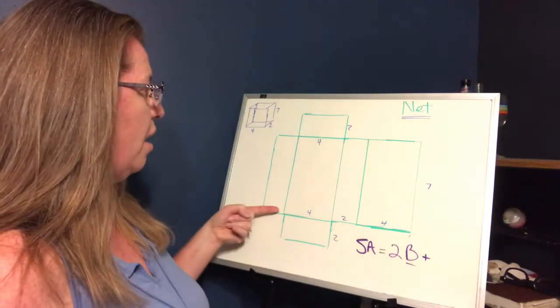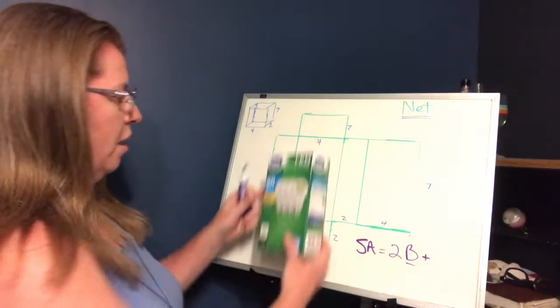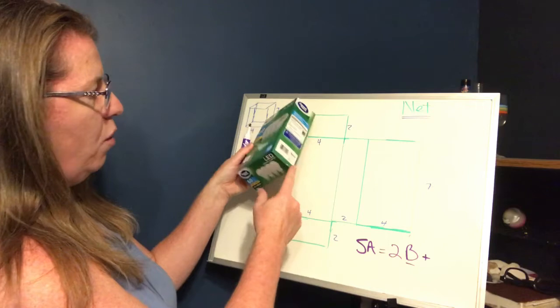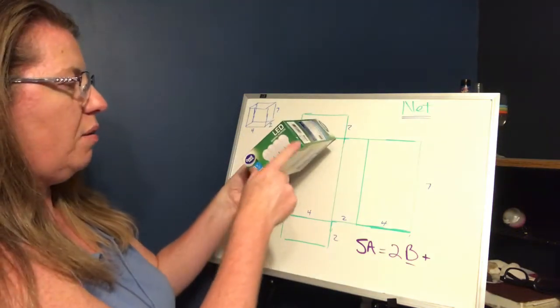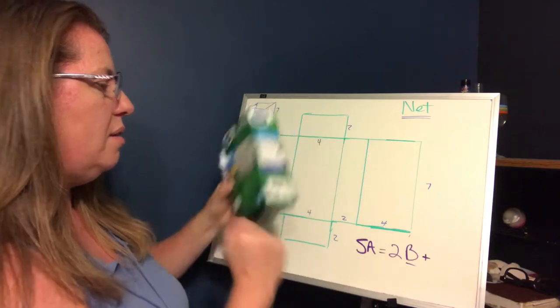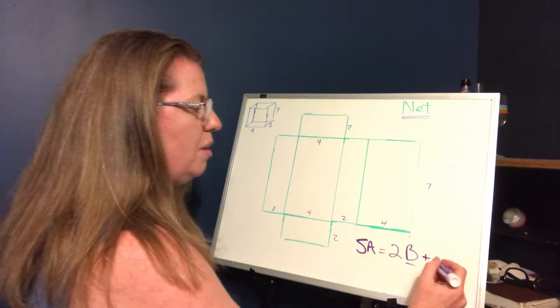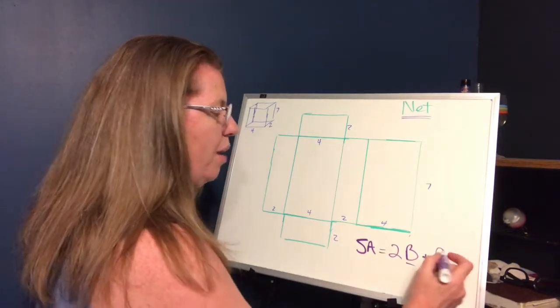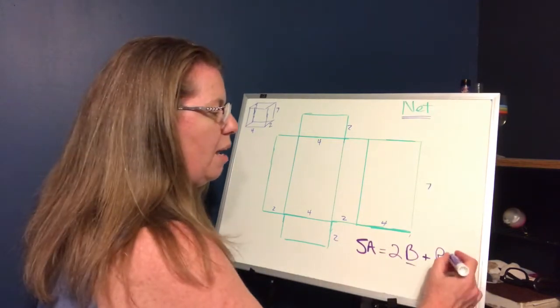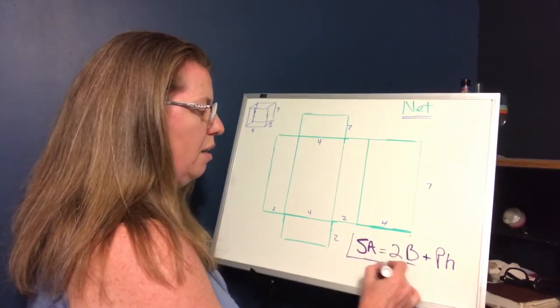Now if you think of where it comes from in the box, these are the sides that go around the base, okay? So if we can find the perimeter of my base, then that is the length of the large rectangle. So they write it as a capital P for perimeter times the height. That is the formula for surface area.